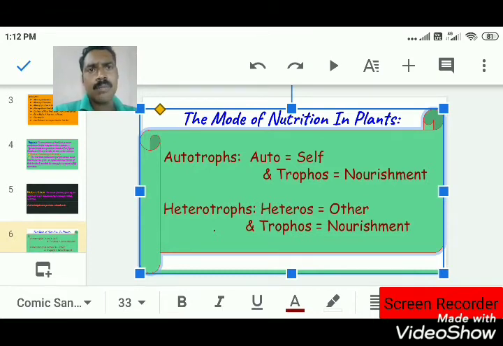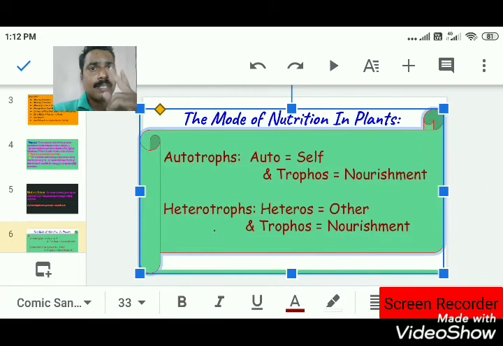Those organisms that do not prepare their own food are called heterotrophs, dear students. Best example, animals, and some insectivorous plants, not all. Saprophytes are there. Okay, heterotrophs. Now we mainly discuss the mode of nutrition in plants, autotrophs.